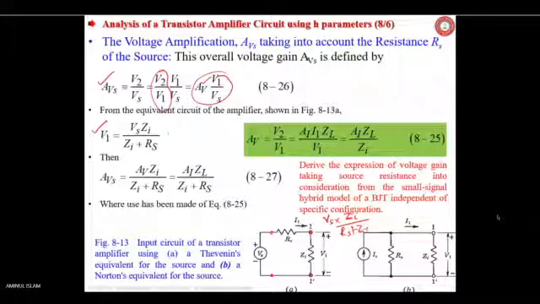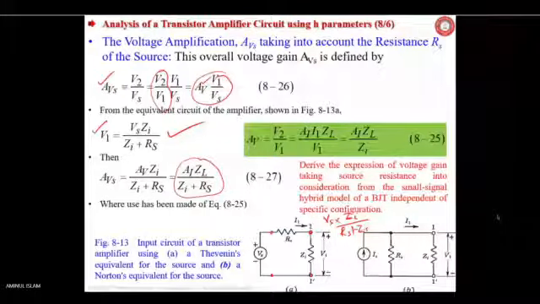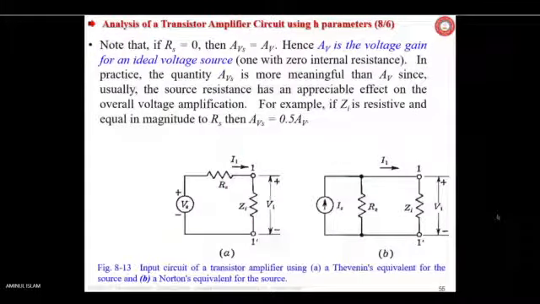This is a voltage divider only. And then AVS can be written as this. Is it understood or not? Yes. Pratham? Yes, sir. Understood. So the voltage gain with source resistance taken into consideration is this one. Similarly, we'll see other things in future classes.